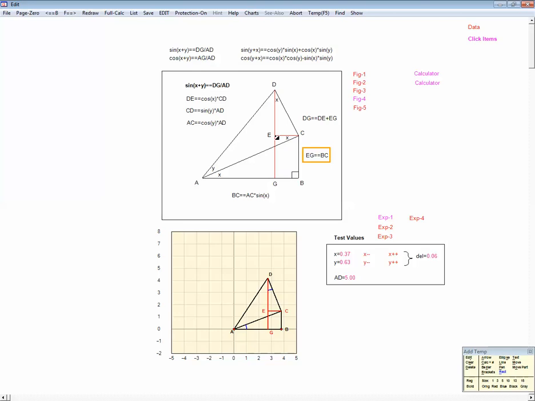So we're saying that EG is the same as BC, and that's because we've drawn this red line up here parallel to GB. So we're talking about a parallelogram there, actually a rectangle, so the sides are equal.